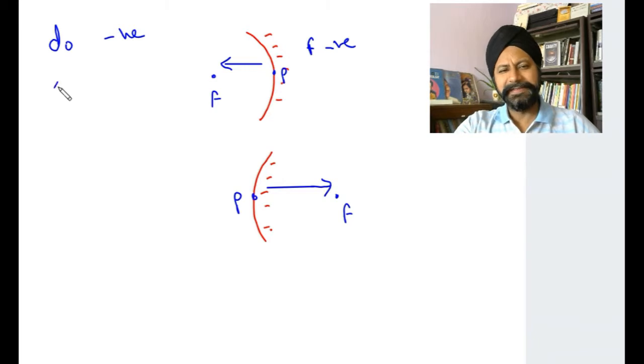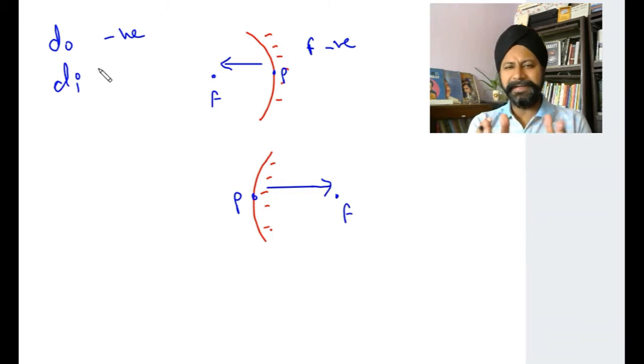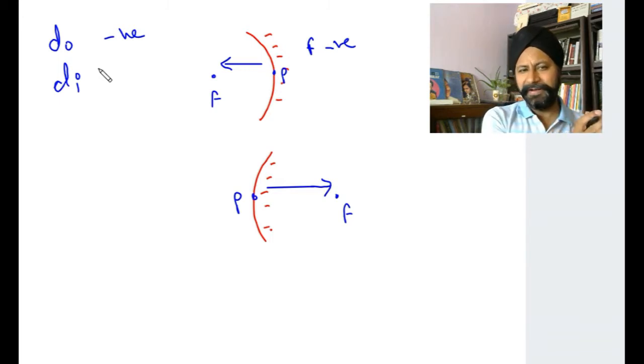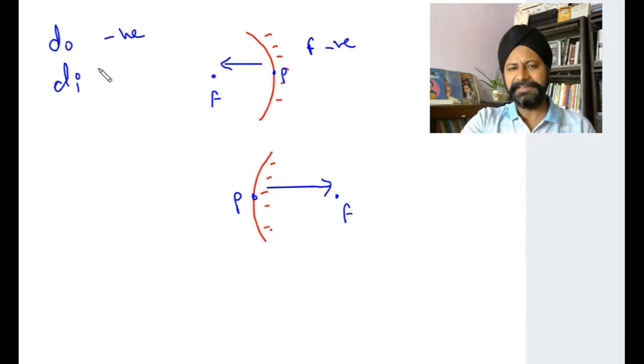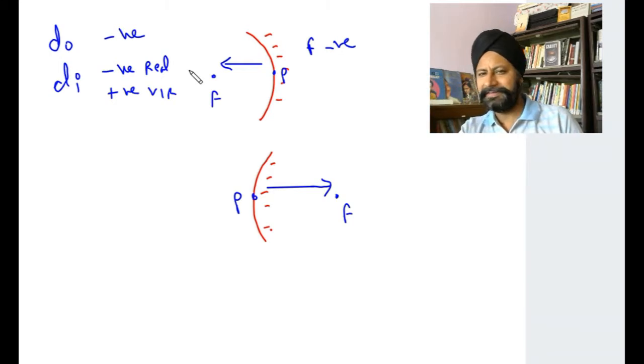Now what about distance of image? Distance of image, as in how far is the image from the pole. If it is a real image, it's made on the left hand side, so the distance of image is negative. Again, don't try to make this table and memorize, but understand it. And then it is going to be positive for a virtual image because a virtual image is formed on the other side, behind the mirror.